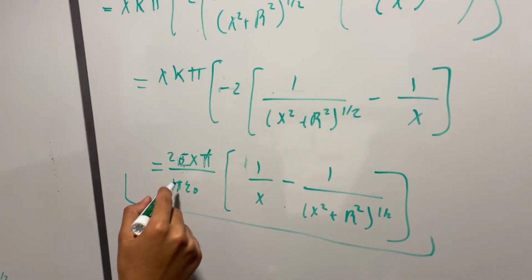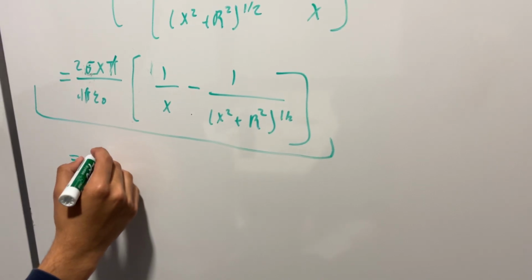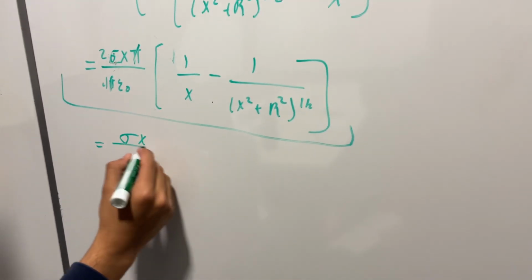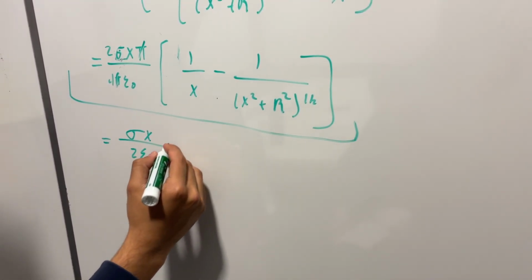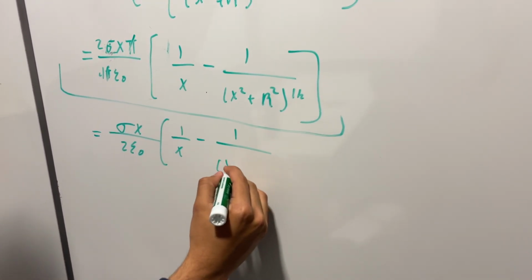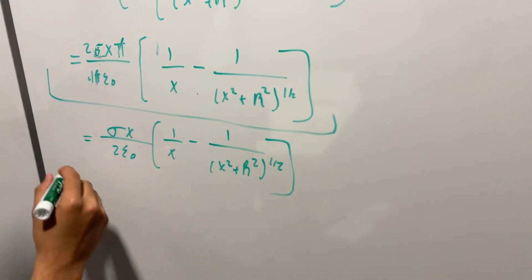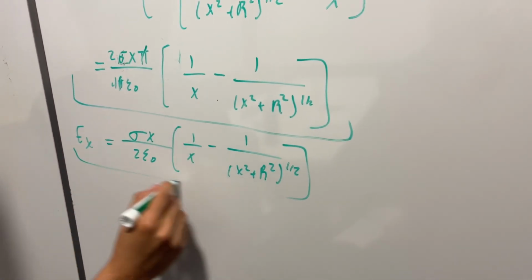We can cancel the pi's, and we can cancel the 2 and the 4, so you get sigma x over 2 epsilon 0 times 1 over x minus 1 over the square root of x squared plus r squared. And this is your E field at point P.